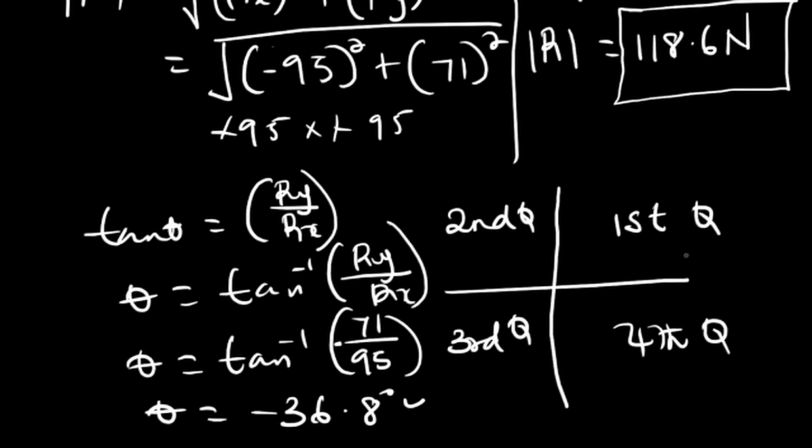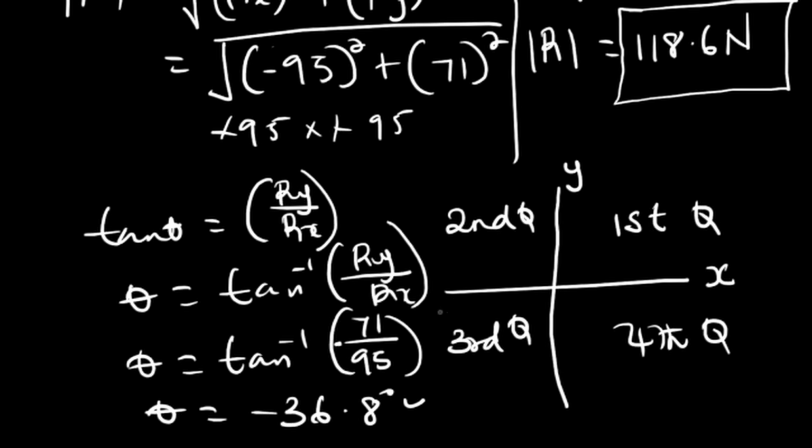For the first quadrant, the x and the y are positive. Do you understand? The x and y are both positive values. So if your resultant vector has a y component that is a plus and an x component that is also a plus, it means that the angle will fall in the first quadrant.